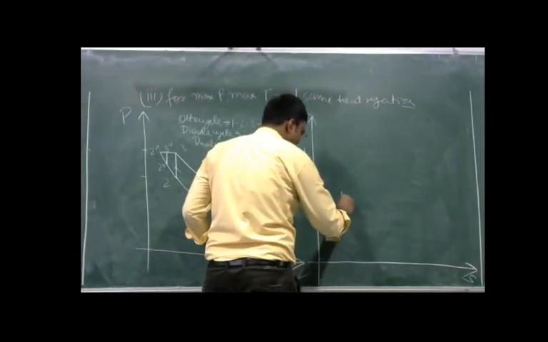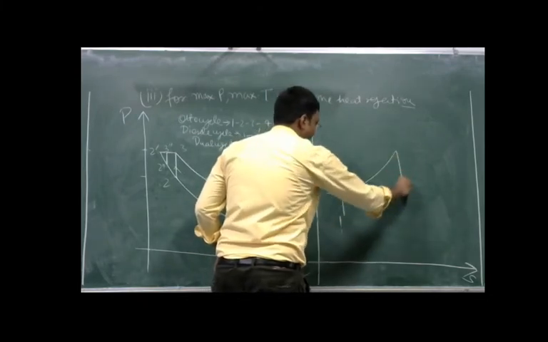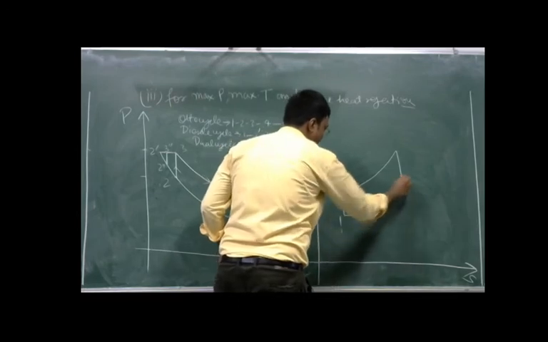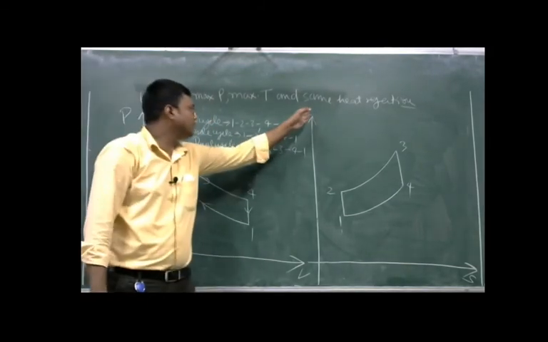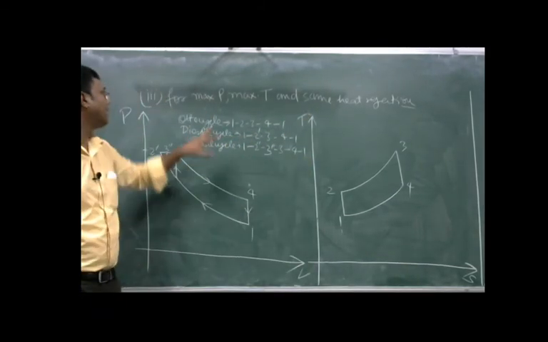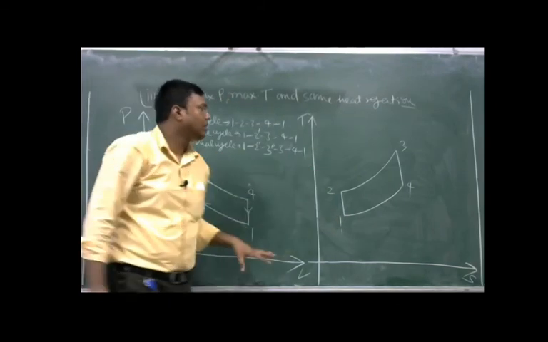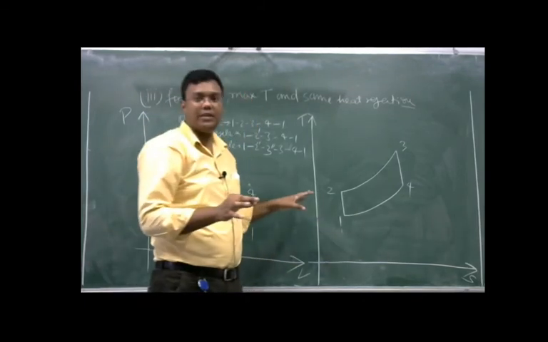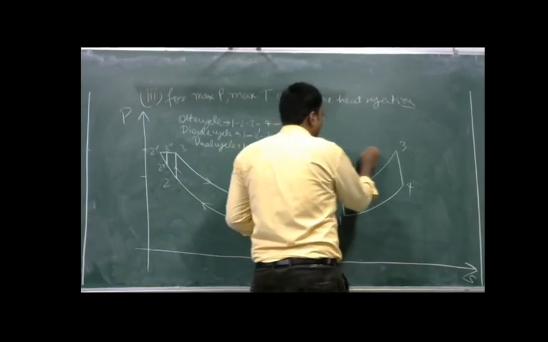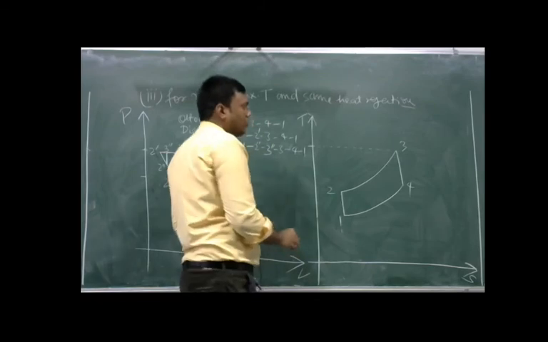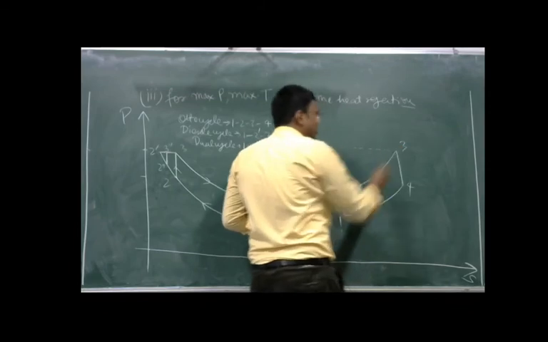First I am drawing the Otto cycle 1 2 3 4. Here this is the temperature axis, and the maximum temperatures will also be the same. If I ask at which point the temperature is maximum, you can easily see that it is at point 3. So we have to keep this point the same, and keeping it the same, I have to draw the diesel cycle.